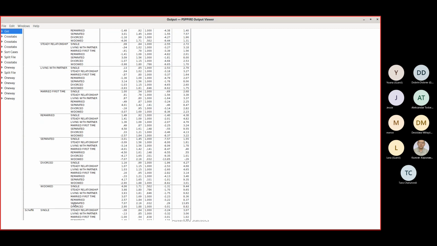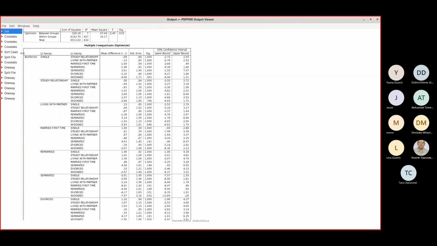But this is the same, we only have changed the places of groups. Here separated first, without second, and here opposite, without first, separated second, but the pair is the same. So these were results from the Bonferroni method.